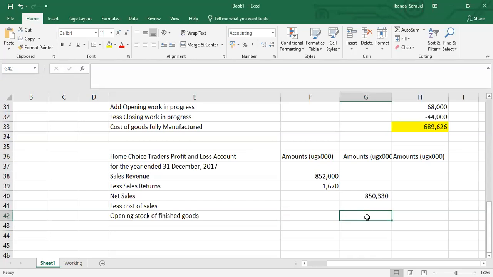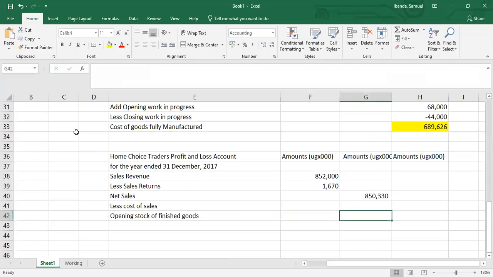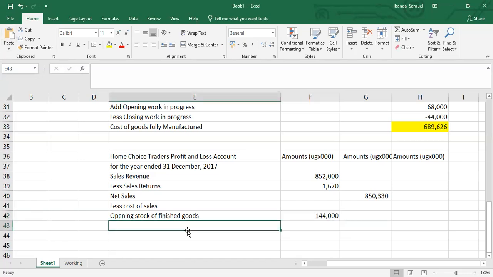You just ask yourself, how much do I basically have for opening stock of finished goods? So I'll go back here and get my opening stock of finished goods, which is 144, because it's the first. So that is what I'll basically put there. Let me calculate it under here. So that is what I have.